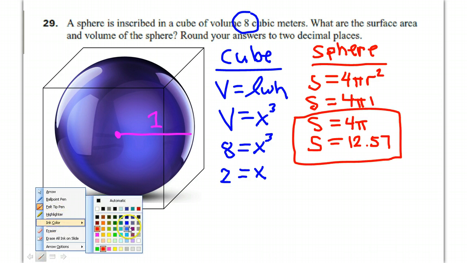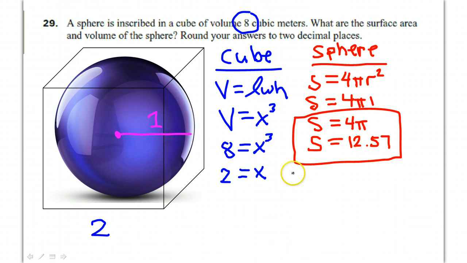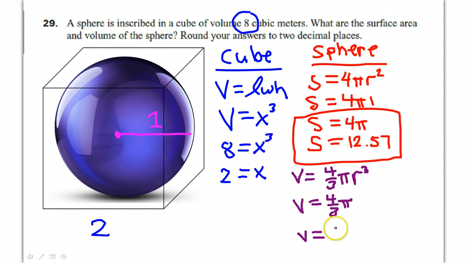We are also supposed to find the volume. The volume is 4/3 pi r cubed. Alright, well, if the radius is 1, this is going to go away, so that's just 4/3 pi, or 4.19.